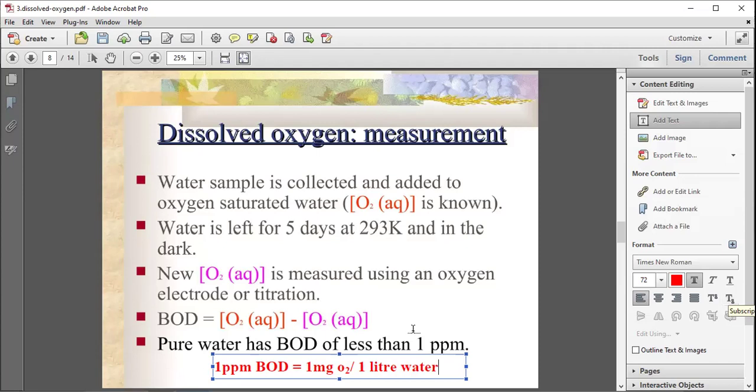These are important parameters. We have to do some BOD calculations, so we will speak at a ppm level. Everything is 1 milligram O2. So 1 milligram of oxygen, how much can we convert to volume? 0.001 liter.